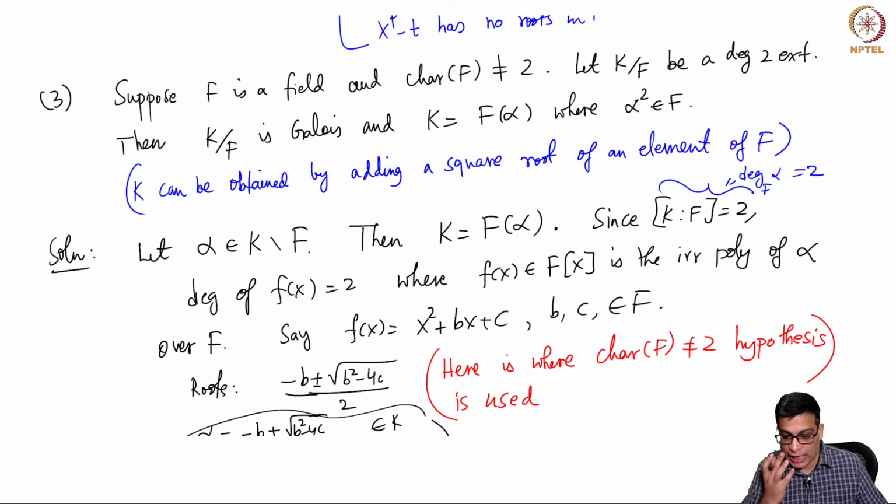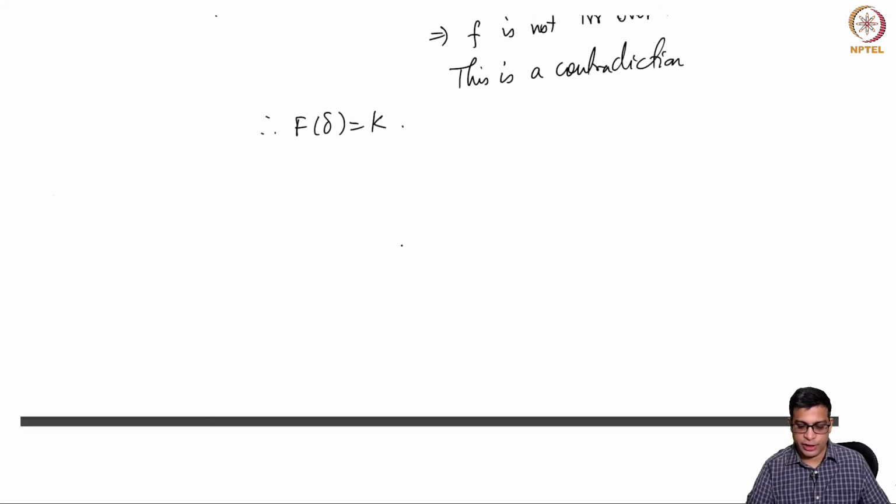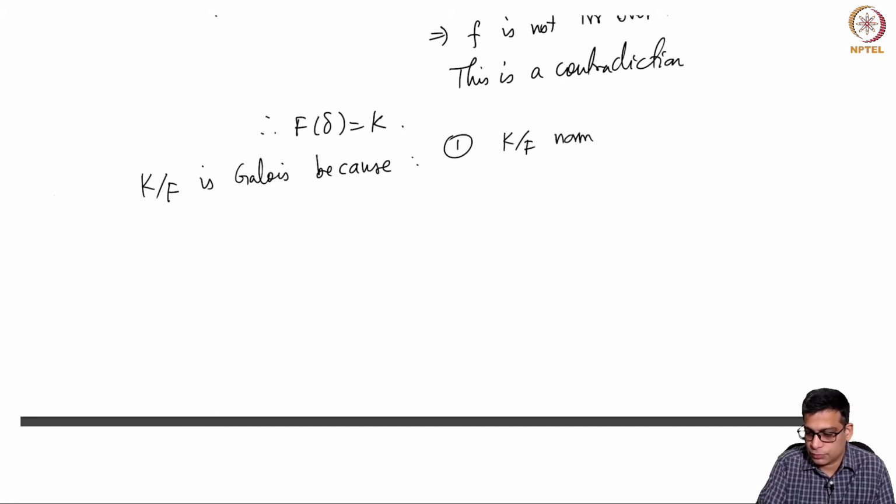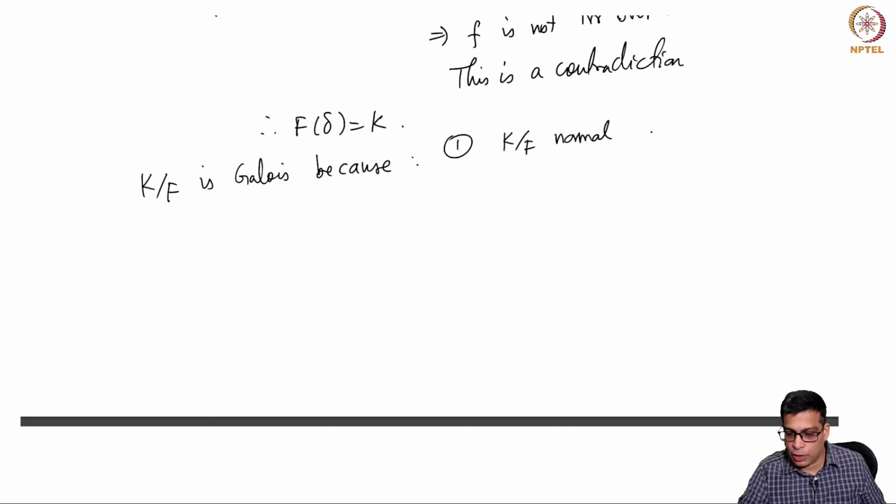And finally, the Galois part is also clear, because K over F is Galois because of two things. K over F is normal because it is a splitting field, right?